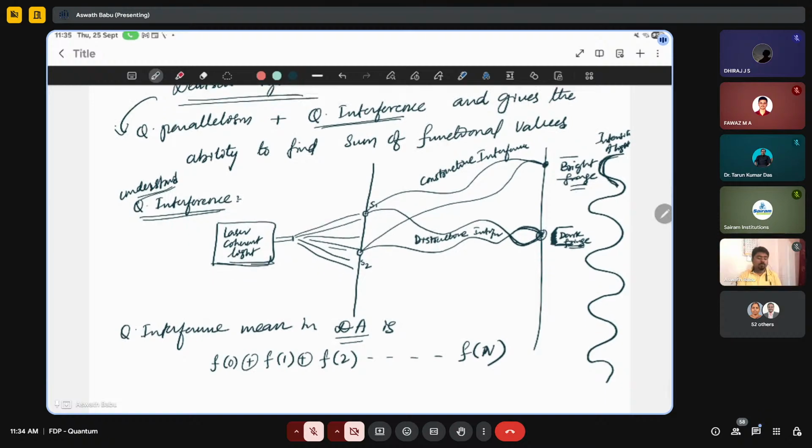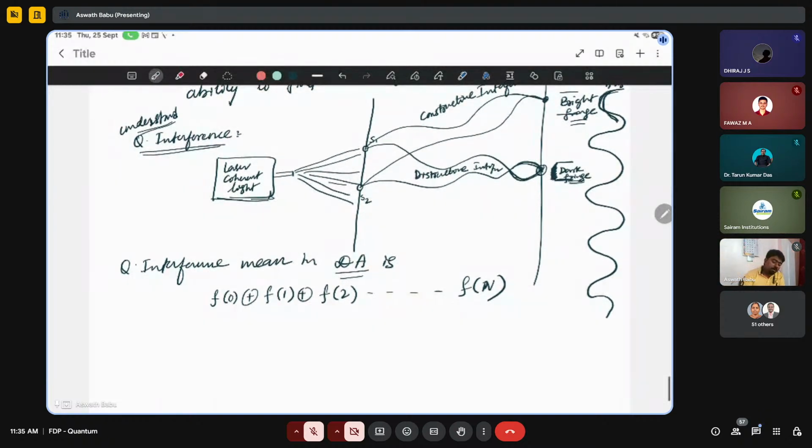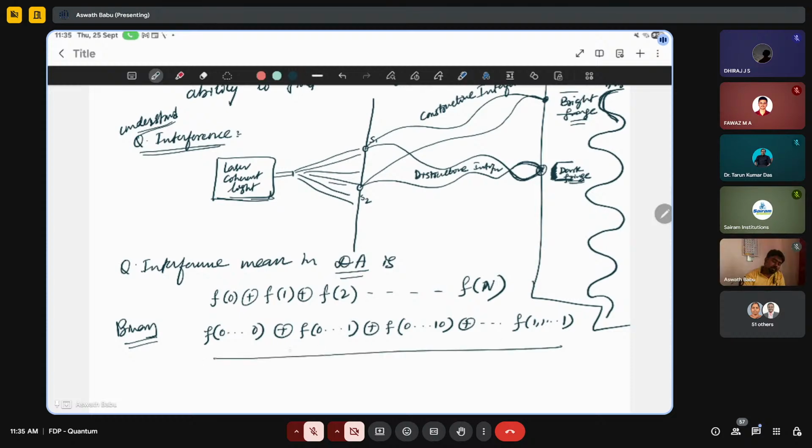So I'm putting x values as they are. If I want it in a binary form, f of 0, 0, 0, f of 0, 0, 0, 1, f of 0, 0, 0, 1, 0, okay, f of 1, 1 up to n. Okay, so this is what you are going to find along with finding a function value.